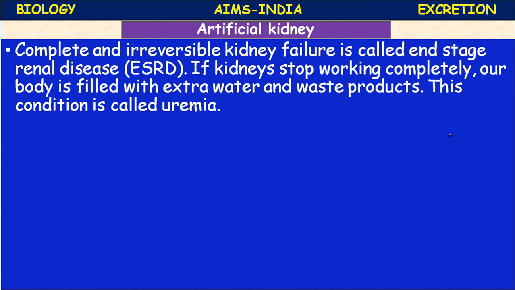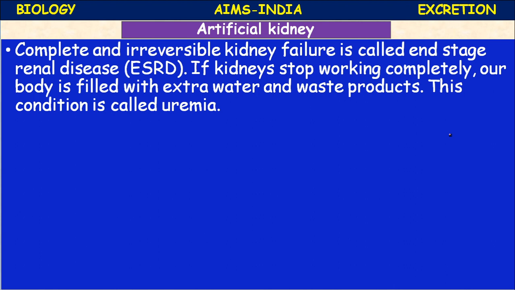What happens if both the kidneys fail completely? The complete and irreversible kidney failure stage is called end stage renal disease, ESRD. If kidneys stop working completely, our body is filled with extra water and waste products.